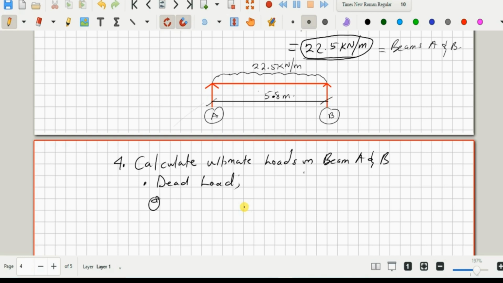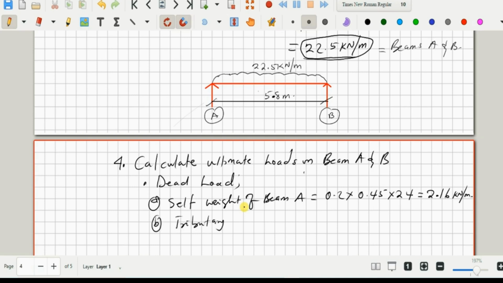So first of all, we'll calculate the self weight of beam A, and that will be the cross sectional area, which is 0.2 multiplied by 0.45 multiplied by 24, and that will be the same as previously because the beam sizes are the same, so 2.16 kilonewton per meter. And then the second part of the dead load will be B, tributary load from slab.